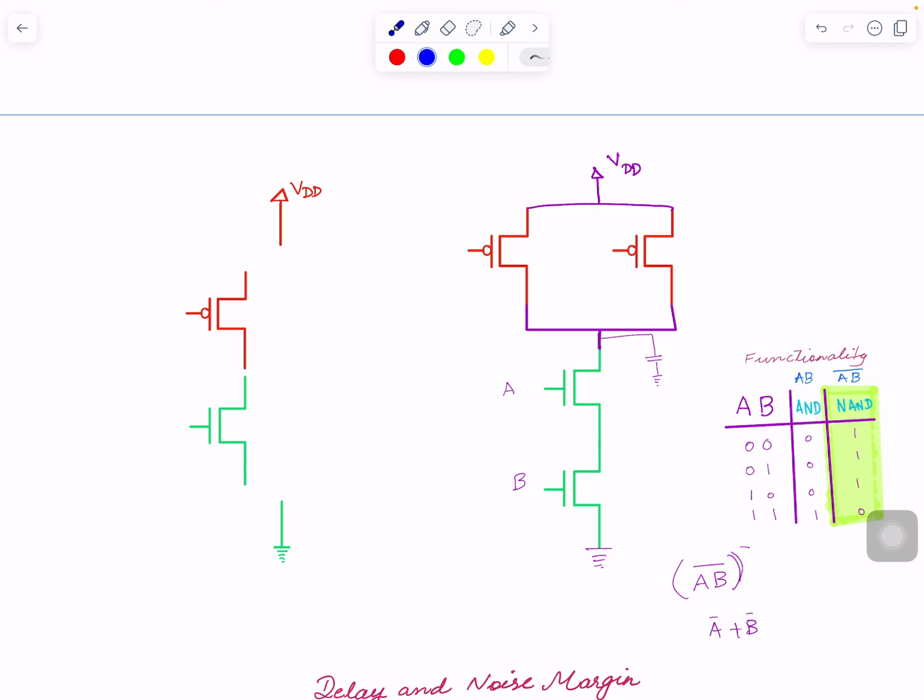So now look at when A is 0 or B is 0. This is A, this is B. Like this, the same A. So you can think of this is connected like this. A and B is connected there, and at the same time connected to, oops, like that. Okay.